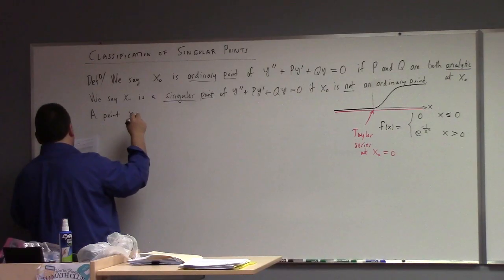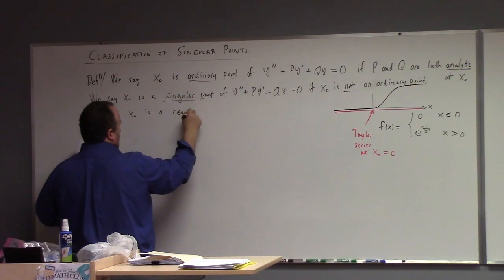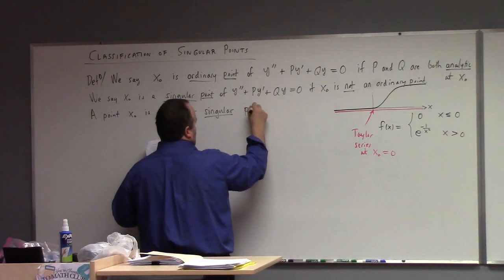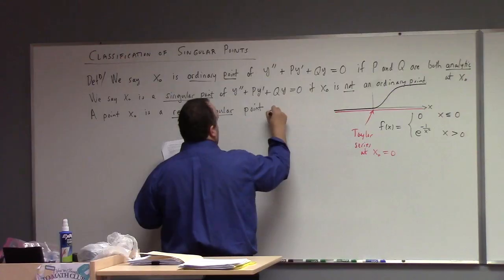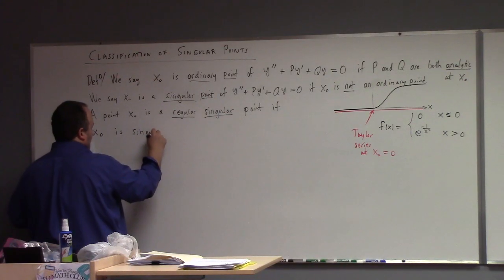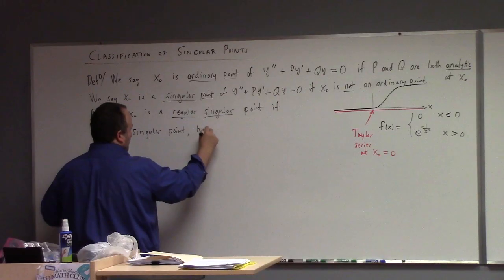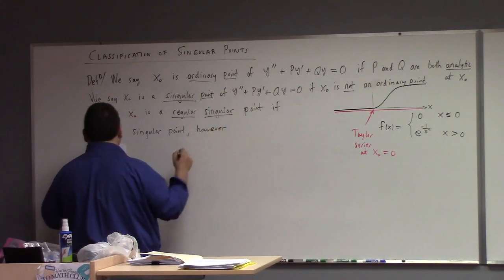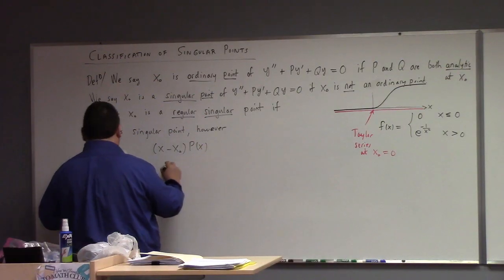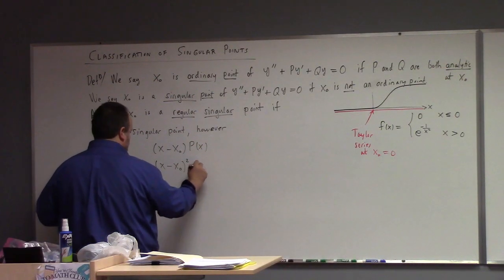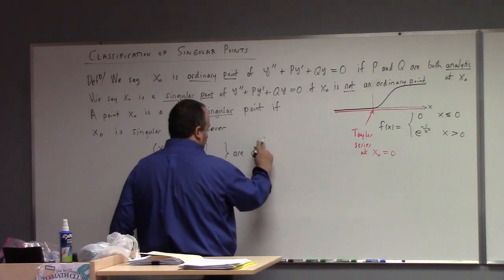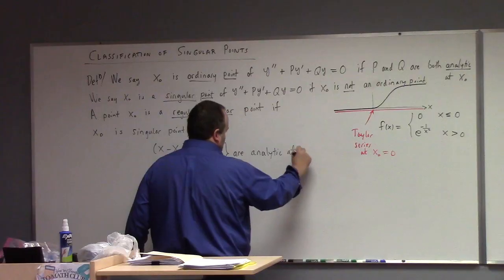x naught is a regular singular point. If x naught is a singular point, however, x minus x naught times p of x and x minus x naught squared times q of x are analytic at x naught.